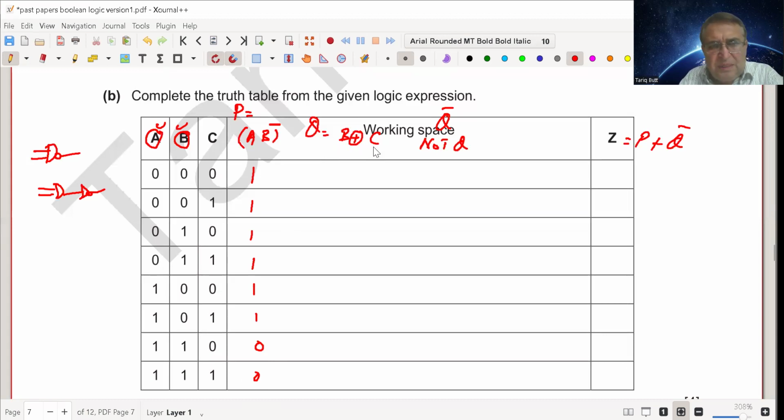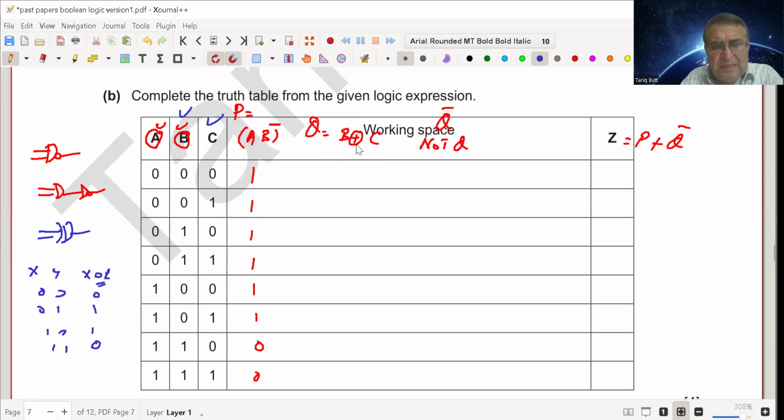Then Q is what? That is B exclusive OR C. Now you have to take this column and this column and XOR them. If you have two inputs, X and Y, and XOR them, the output is 1 when both inputs are different. Otherwise, the output is 0. That is for exclusive OR.